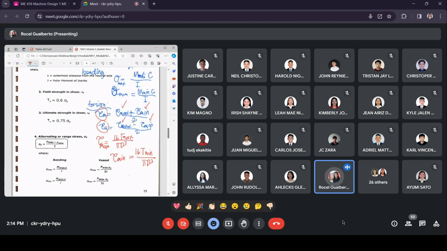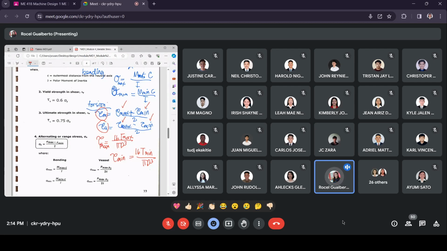So, that would give us the value of tau max. Yes, Miss Alisa? Ma'am, bali po yung sa tau max and tau min po ay pwede po siya gamitin sa mean and alternating po or sa alternating lang po. Hindi po, parehas po ito.